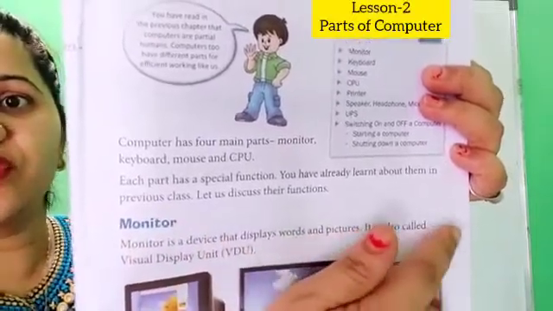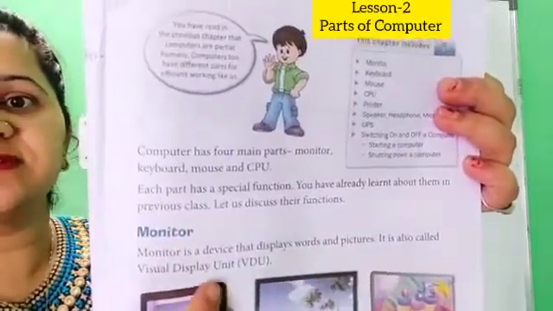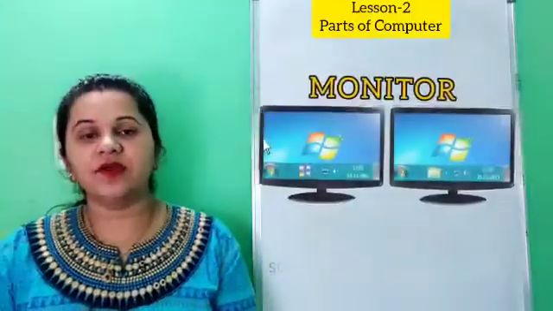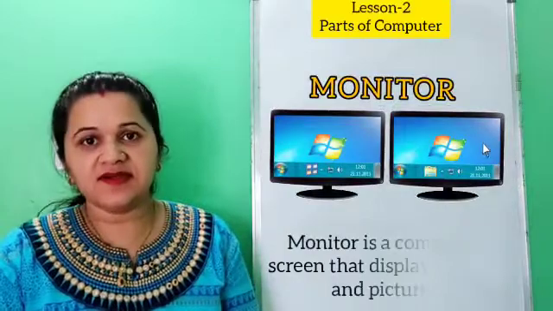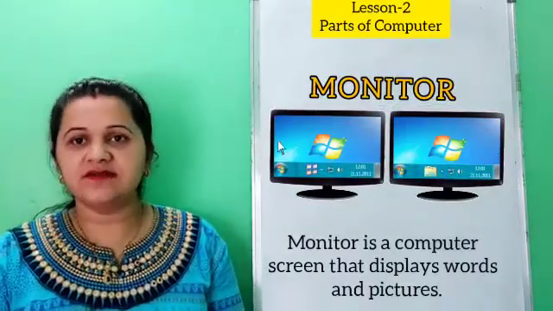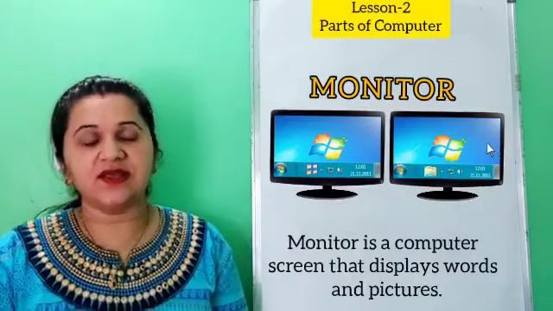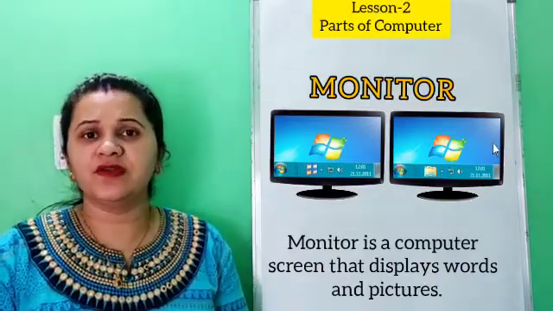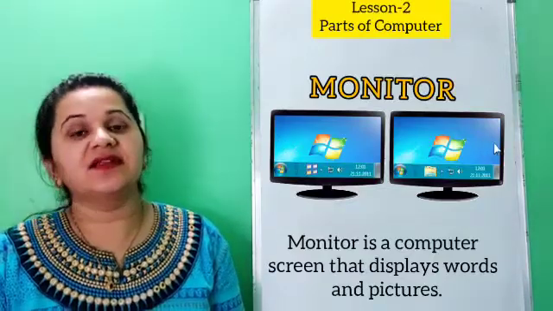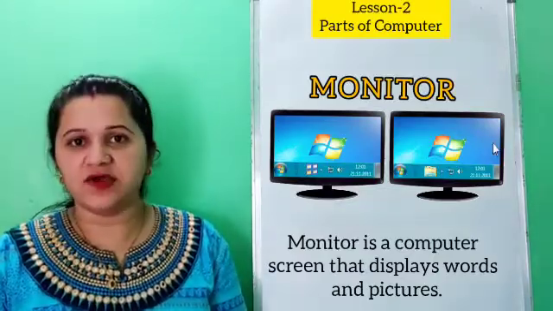It is also called Visual Display Unit, VDU. Now children, monitor is nothing but simply a computer screen. Whatever we type on the screen, every picture, every movie, every song, we can watch it on the computer screen. That screen is known as the monitor.